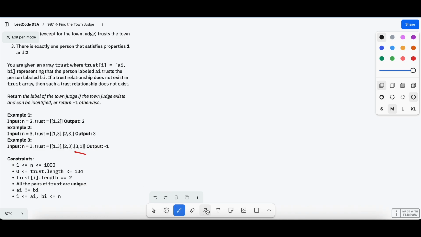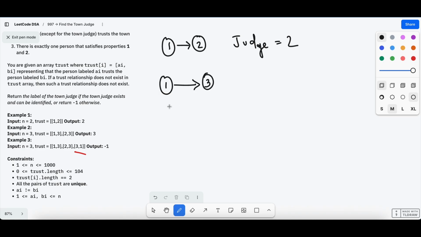And 1 3, 2 3, the judge is 3. Why? Because 3 is pointing to no one, and 1 and 2 are all pointing to 3. So the judge is 3.